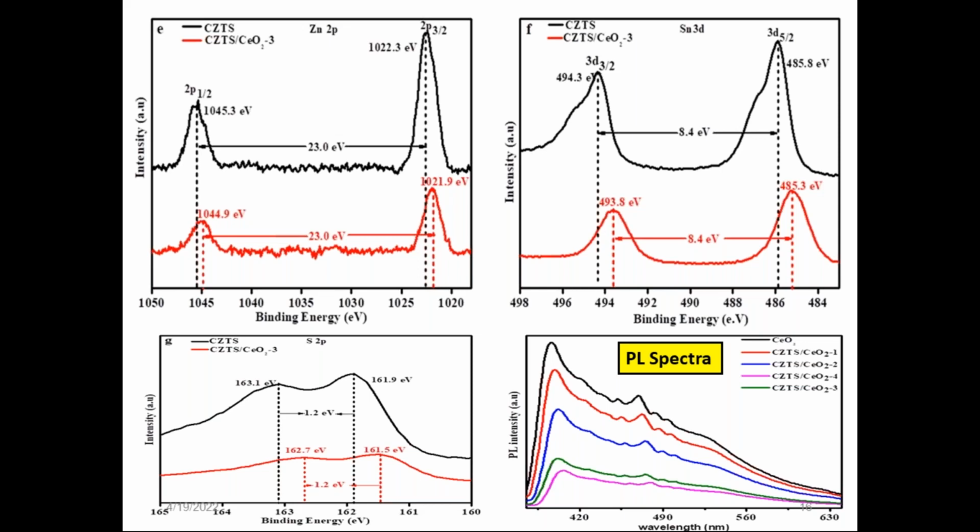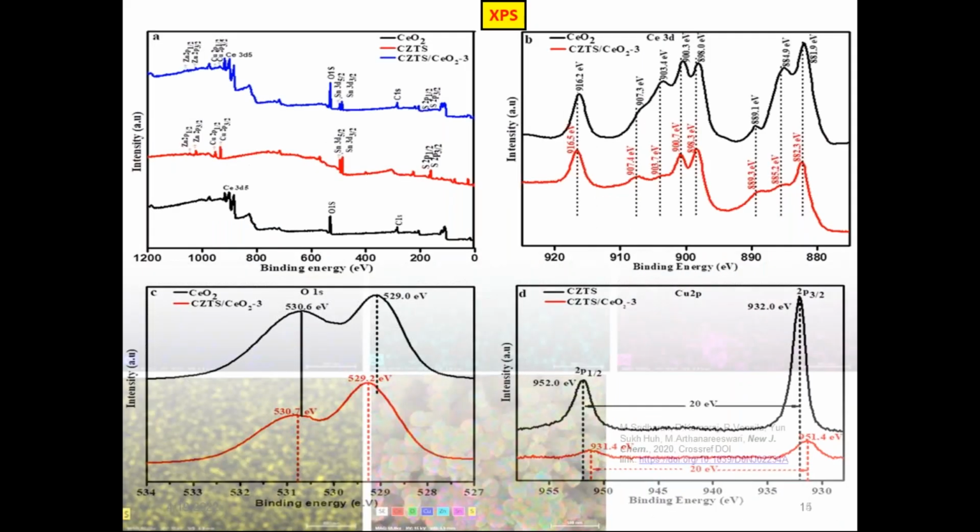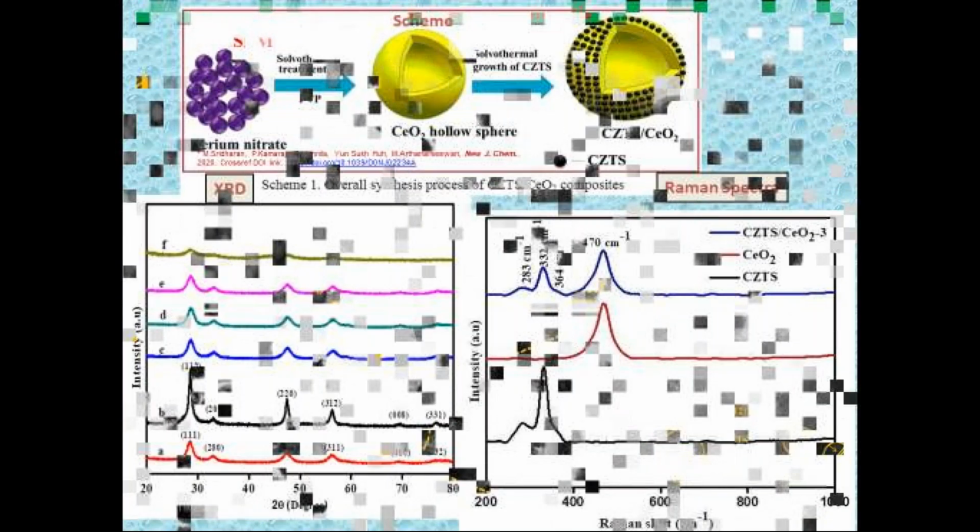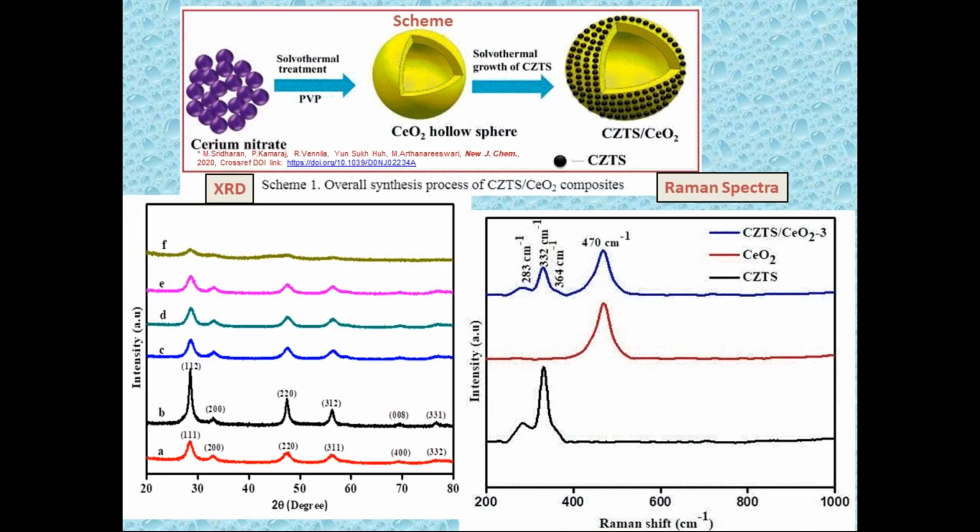In contrast, CZTS and the CZTS-CeO2 composites exhibit intense peaks at 283, 332, and 364 cm inverse. This suggests the existence of tetragonal CZTS. The Raman spectra don't contain impurity peaks like ZnS and SnO2, so that is confirmed here.